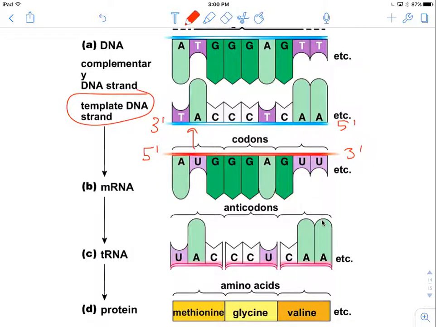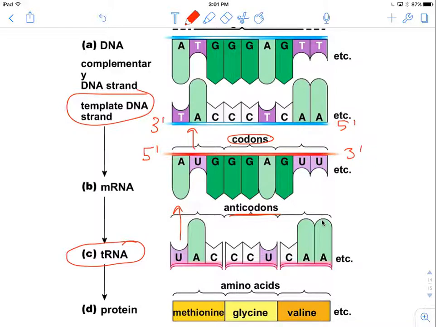Then each group of 3 here is a codon. So this AUG, GGA, GUU. And then for my tRNA, the anticodons are complementary to the codons in my mRNA. So you see A is complementary to U, U with A, G with C, that's 1.